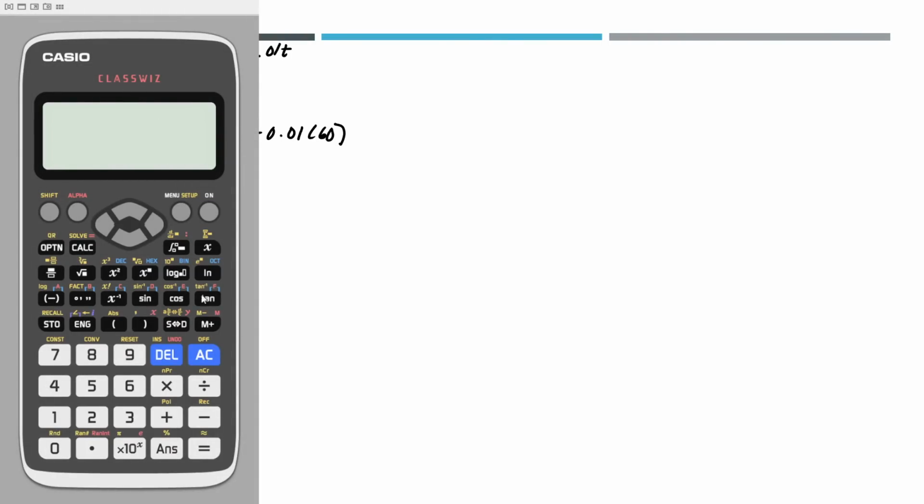So, we have 35 minus 34.96 times e raised to negative 0.01 times t, where t is 60.